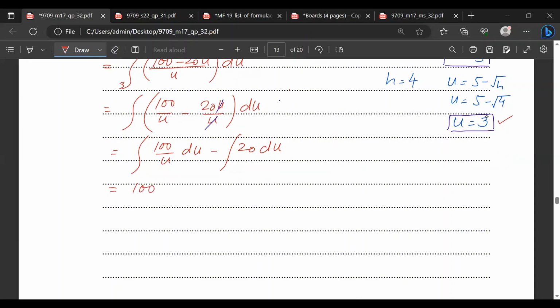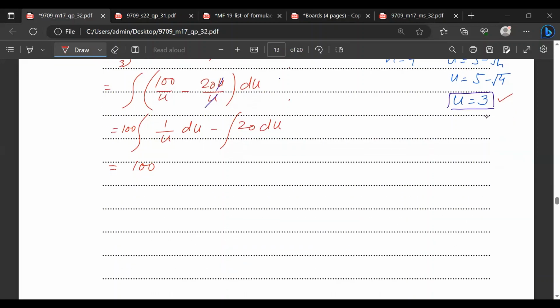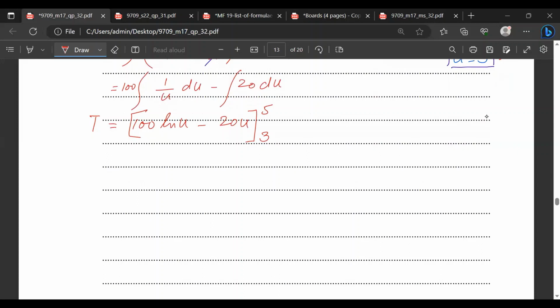You may write this with the 100 just for understanding, to split this integral. This is 100 natural log of u minus 20u, and the limits were from 3 to 5. And yes, t is here.